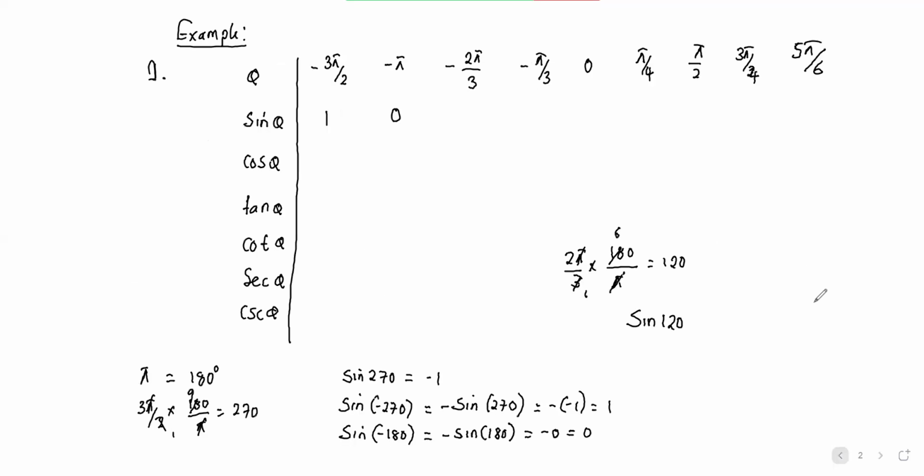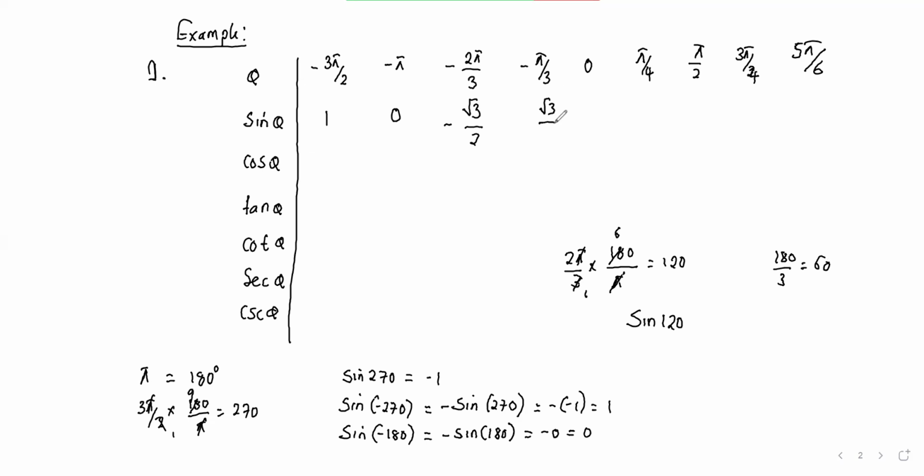We have found the value, root 3 over 2. The fact that sine of a negative angle goes negative, the negative will go out. And then negative pi over 3. Pi over 3 is 180 over 3, which is 60. Sine 60 is root 3 over 2. So we'll have negative root 3 over 2.